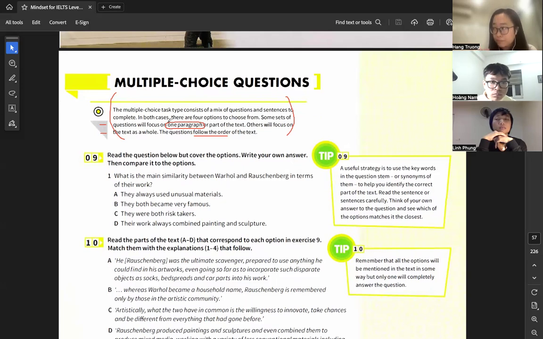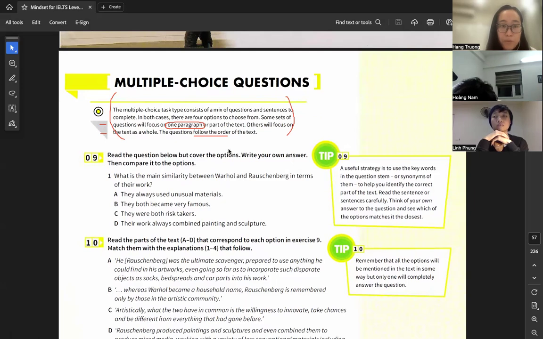For these questions, you have to have a very comprehensive understanding of the whole passage in order to find the correct option. It's not really different levels of attention, but just focusing either zoom in or zoom out when you read. So that's the only difference.